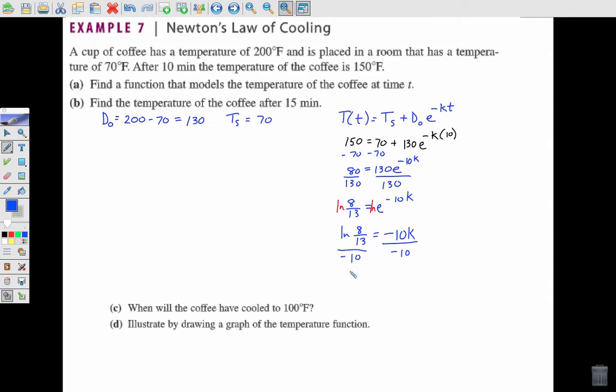I'm going to be very careful putting this in my calculator. I'm going to do the natural log, parenthesis, 8 divided by 13, and then divide by negative 10. When I do that, I get a k value of 0.04855.